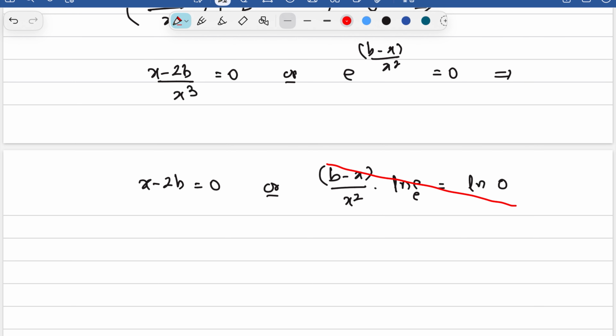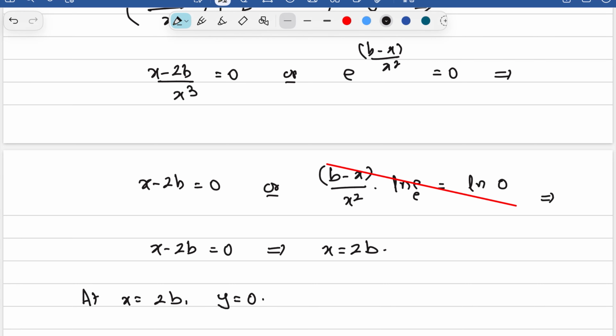The possibility of this can be struck off. Now, this implies x minus 2b is equal to 0 implies x is equal to 2b. That means at x is equal to 2b, y is equal to 0.